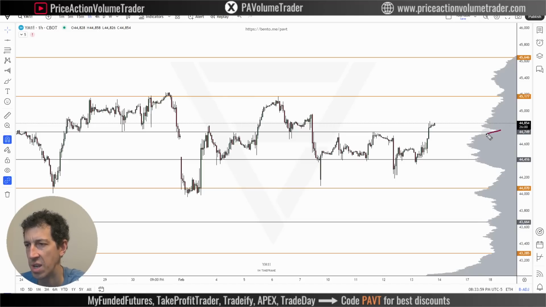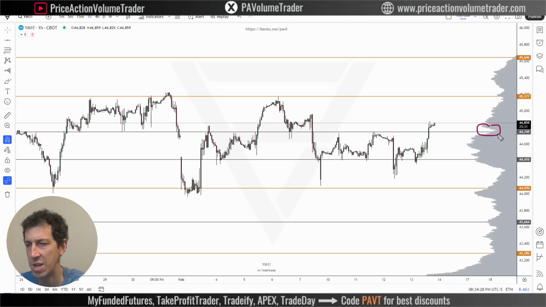So you can see we have a node here, we have a node here, we have one that's not that nicely shaped here, etc. High volume nodes are basically where we have the profile sticking out more, and that's areas that we've built and accumulated volume. So you're going to see a lot of back and forth in price to build up these volumes.